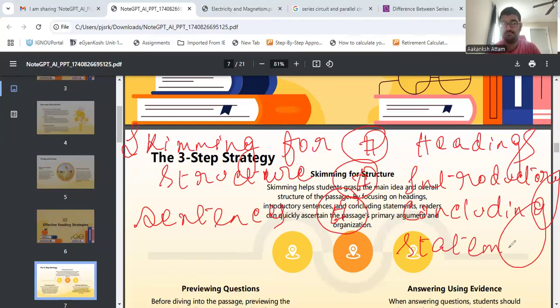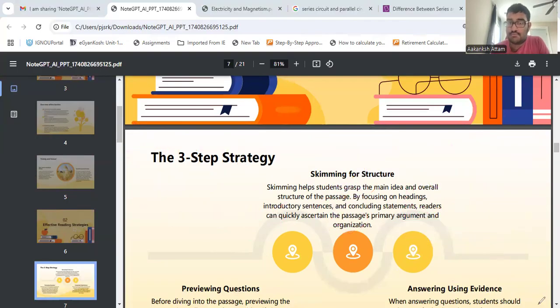Okay, make a note of it. Awesome. So, this is the first step, skimming for structure. Are you clear with the skimming for structure part? Amazing.